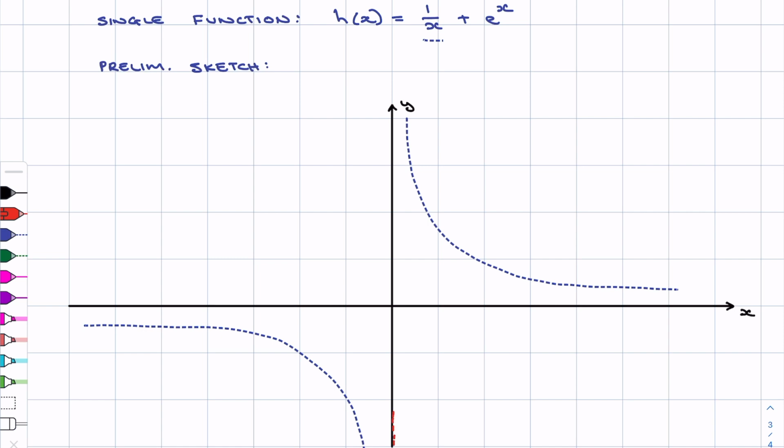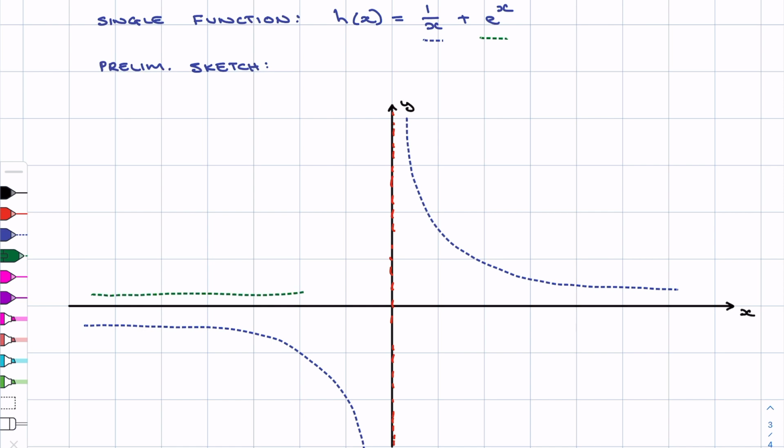I'll just denote it that way. And actually, I'll put it through, dot dot the whole way, just so we know that that asymptote is there. There is also an asymptote at y equals 0, but I'm going to choose not to focus on that at the moment. And then I'm going to also sketch e^x as shown in blue.